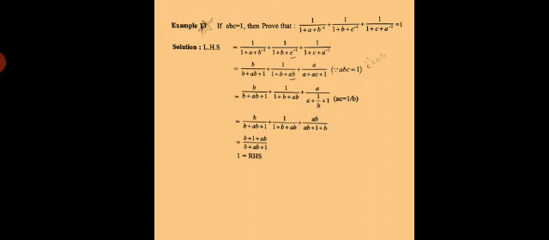Write down 1 upon 1 plus a plus 1 upon b. Then similarly in the next step, plus 1 upon 1 plus b plus 1 upon c. And the third step, plus 1 upon 1 plus c plus 1 upon a. In place of a raised to minus 1, convert all the negative indices into positive indices.